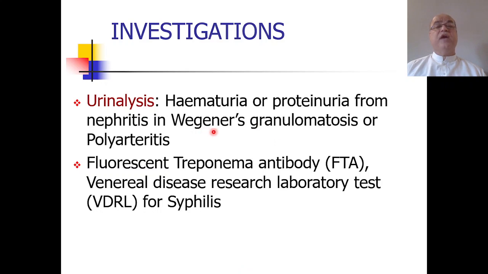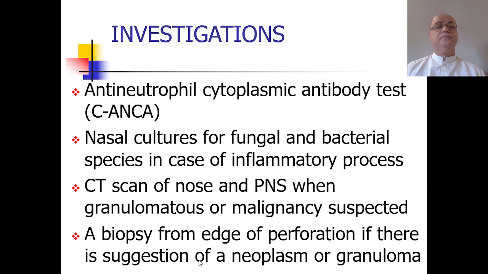So in case of Wegener's granulomatosis or polyarteritis, for hematuria or proteinuria, we can ask for urinalysis. If we are suspecting syphilis, then we can go for fluorescent treponemal antibody, that is FTA, and VDRL, that is venereal disease research laboratory test, to confirm the syphilis.